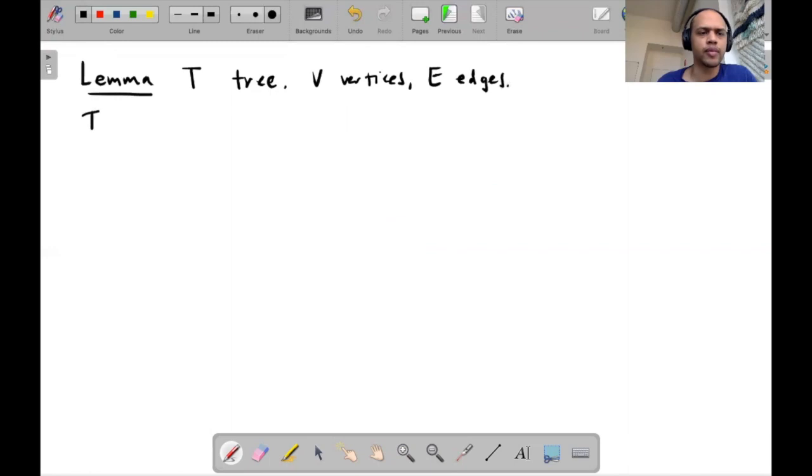Then V minus E is always equal to 1, no matter what tree we choose. You can think about this as the version of Euler's theorem, but for trees. So let's prove this. The proof is not so bad.